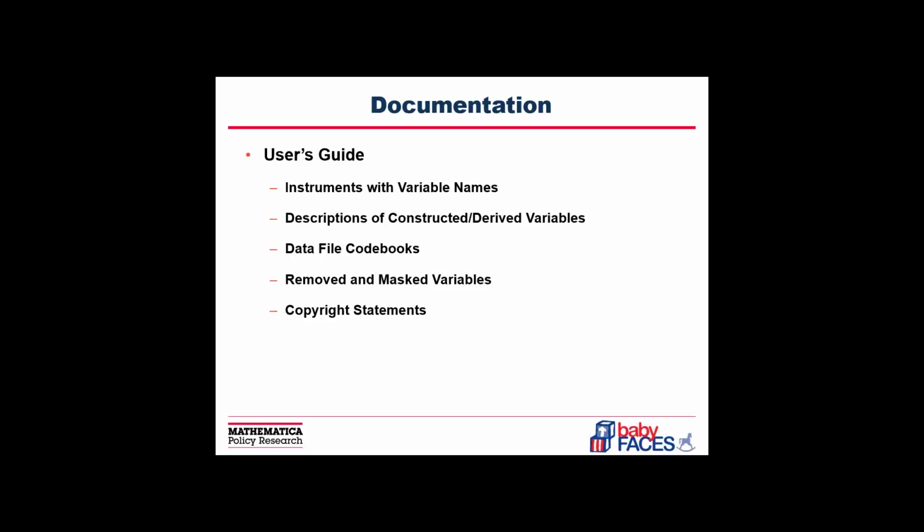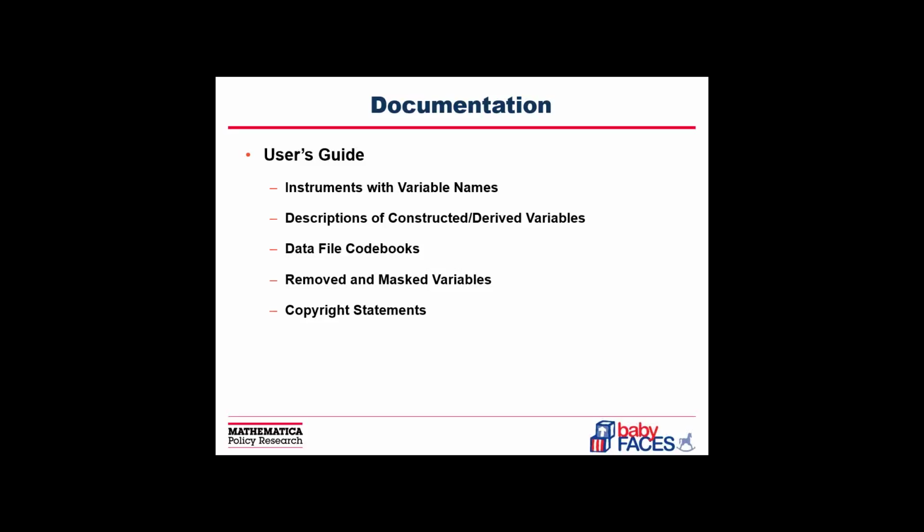Appendix H includes 3 codebooks for constructed variable files. The first codebook contains the variable names and the year and age for which it exists. The second has the same information, plus detailed specifications on how the variable was created for all non-copyrighted constructed or derived variables. And the third contains basic descriptive statistics for each variable in the child-level constructed variables file, split by cohort.